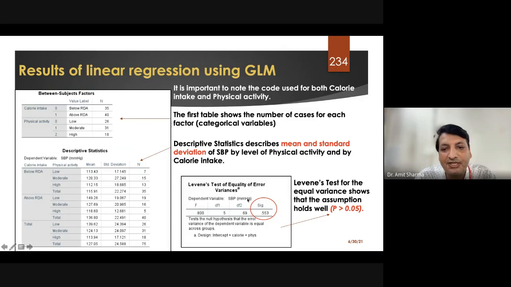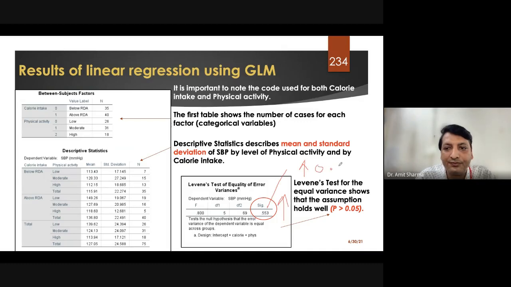So what does this test represent? It checks whether all these six categories have a sufficient number of patients or not. If this p value is more than 0.05, then we say the test is not significant, which is what we require.